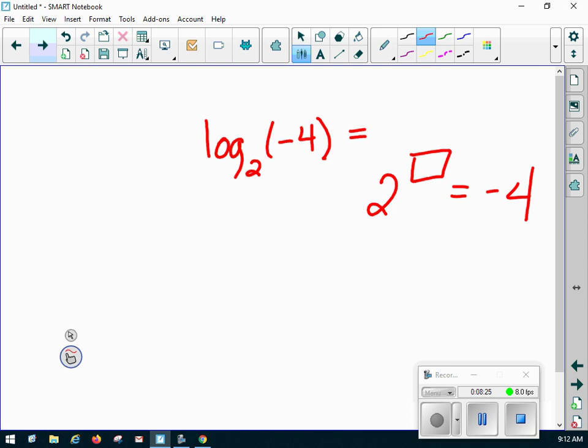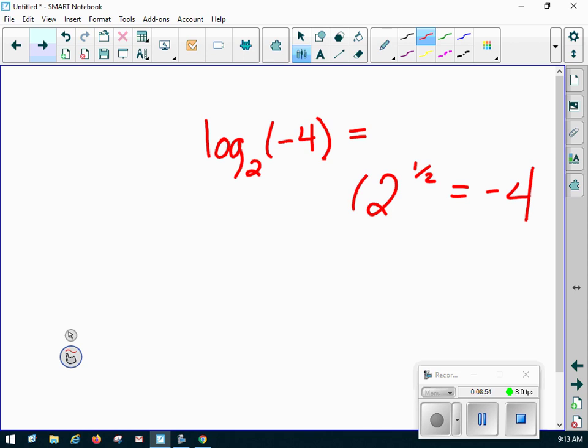Right. If I put a positive number like 2 or 3 or 5 in here, is that going to work? 2 squared is 4. Well, what if I put negative 2? What's 2 to the negative 2? That's 1/4. Well, what's 2 to the 1/2? Square root of 2.